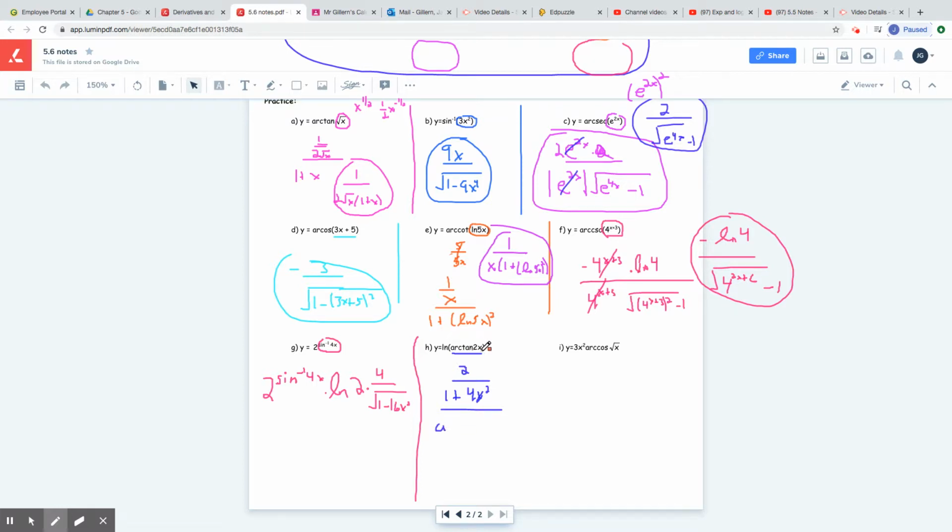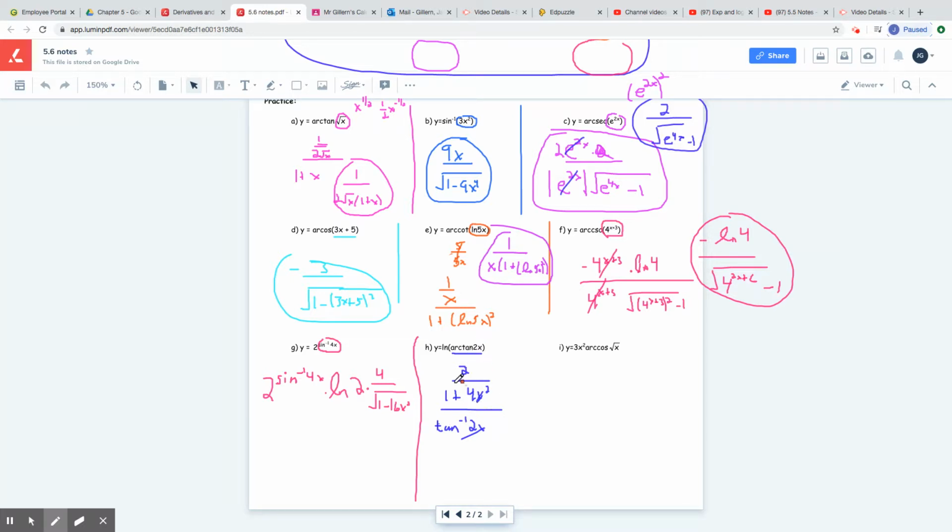So derivative of the inside over the inside. I don't want to write arctan, I'm going to write it as inverse tan. So this was a natural log, and to figure out the derivative of the inside, you had to use the inverse trig formula over the inside.